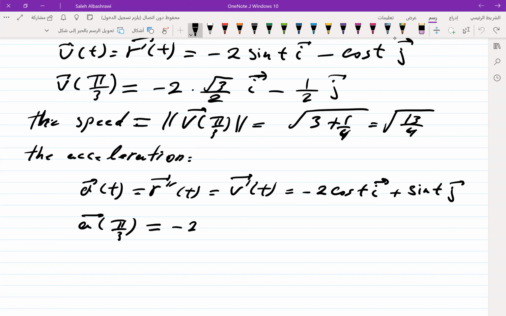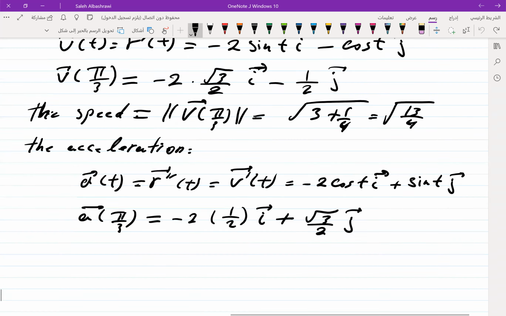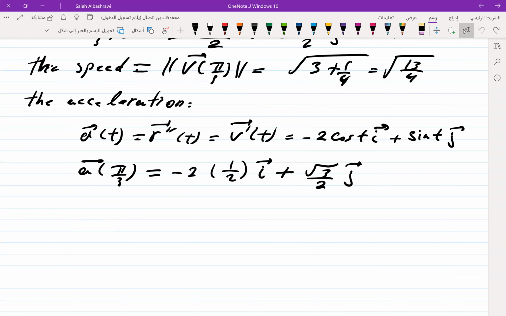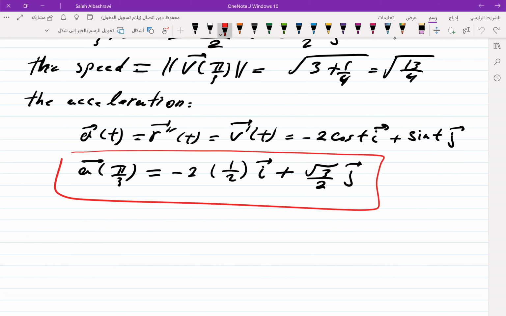This will give me minus 2 multiplied by 1/2 i plus square root of 3 divided by 2 j, since sine pi over 3 equals square root of 3 divided by 2, and cosine pi over 3 equals 1 half. So this is the acceleration at t equal to pi over 3, or we can write it as minus i plus square root of 3 divided by 2 j.